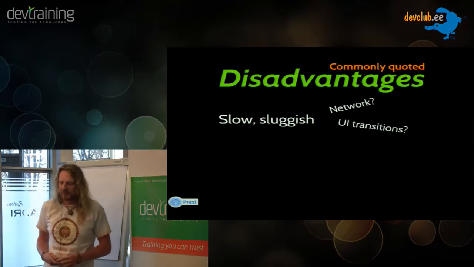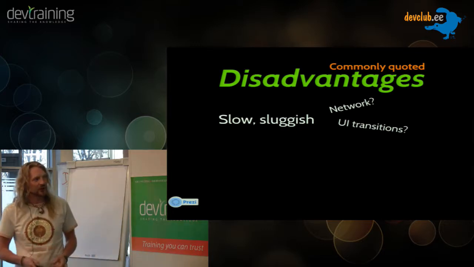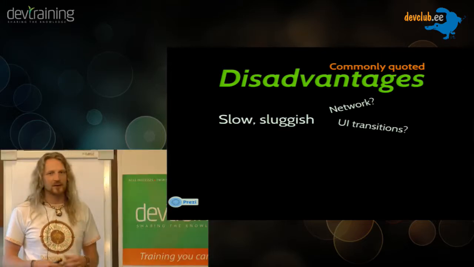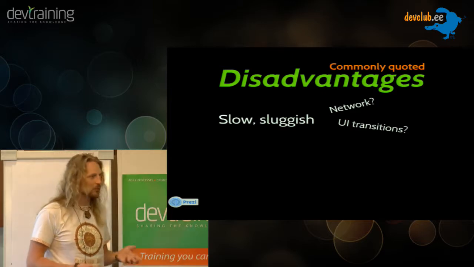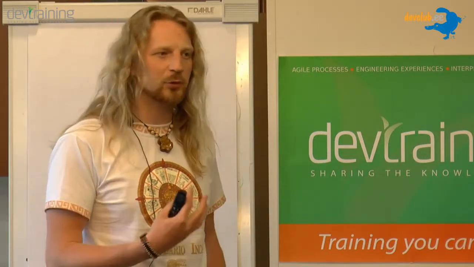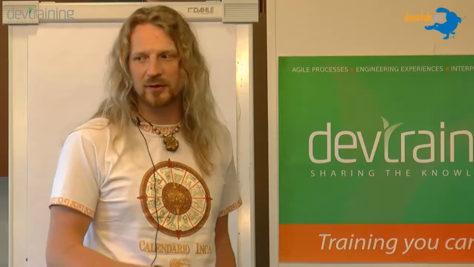The problem with the sluggishness is mostly that the most popular approach for building a mobile web app is a single page web application, which is stored offline. And there are some frameworks that help you build that.